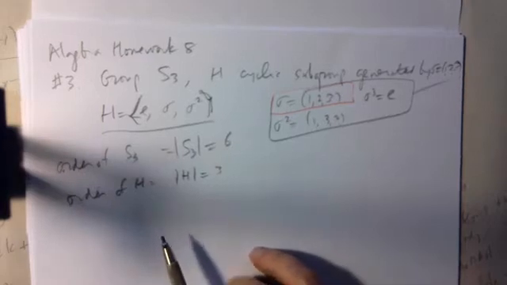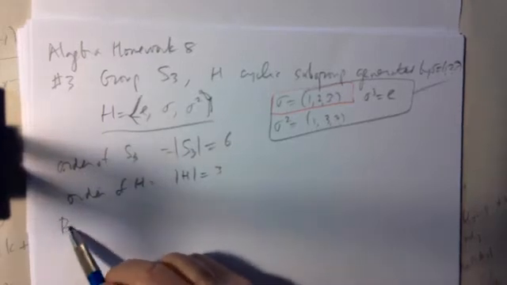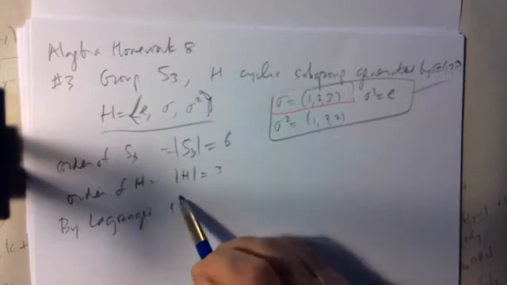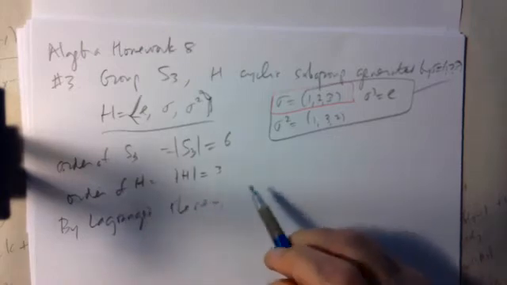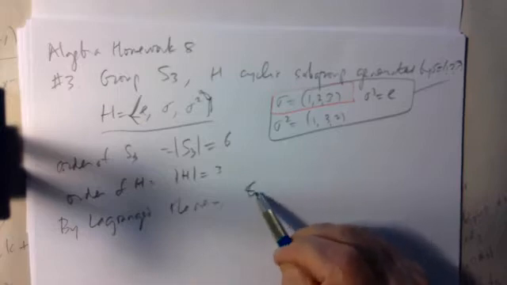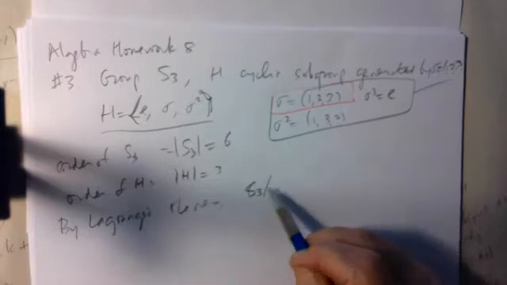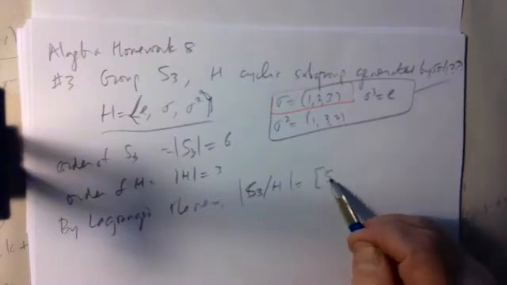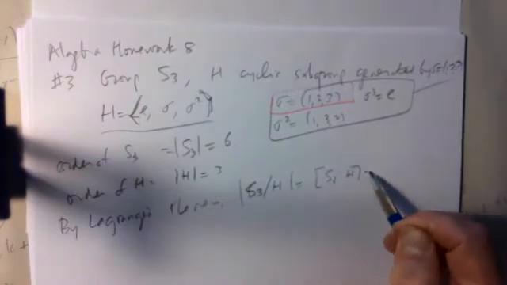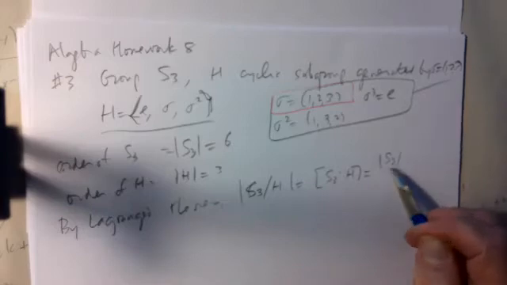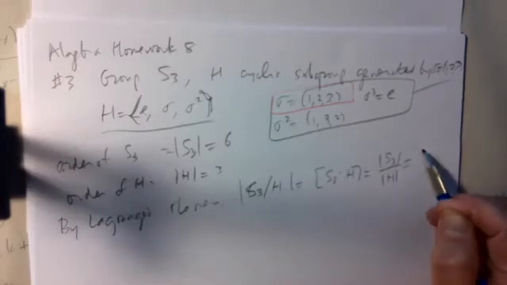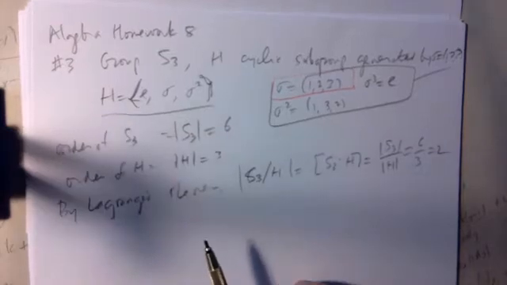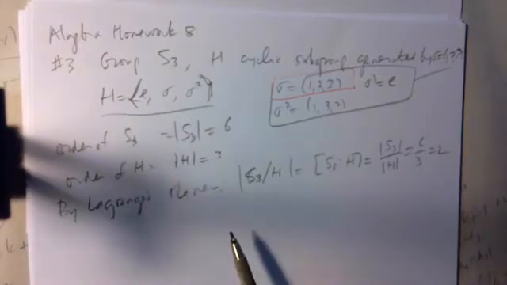So we know immediately by Lagrange's theorem, the number of left cosets, which we also write as the index, is going to be the order of S3 over the order of H, which is 6 over 3 is 2. So we know there are only 2 left cosets.